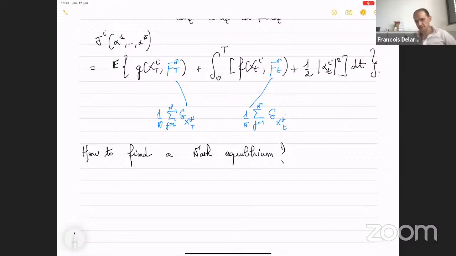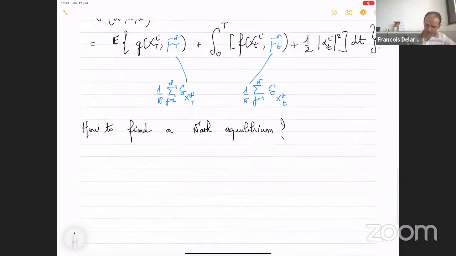So here there is a subtlety, because in fact, when I say a Nash equilibrium, I should specify whether the equilibrium is constructed upon controls in open or closed loop form. What I'm going to do here is to restrict myself to Markov strategies, which is something that is pretty natural for the application.